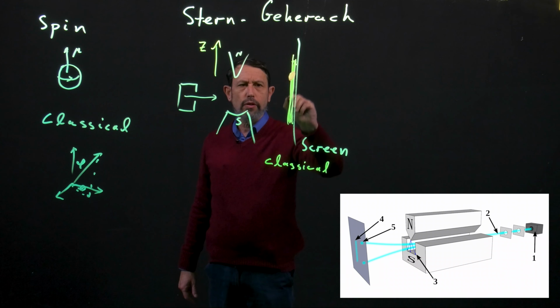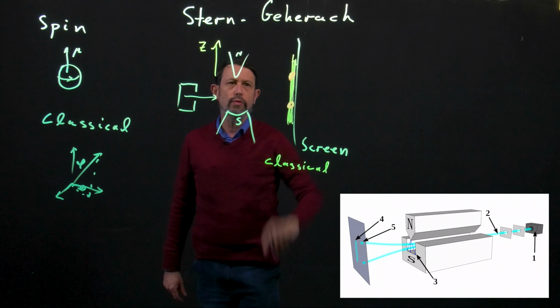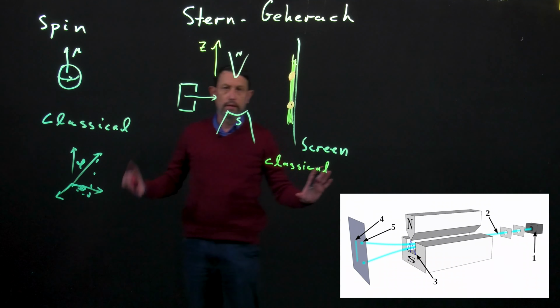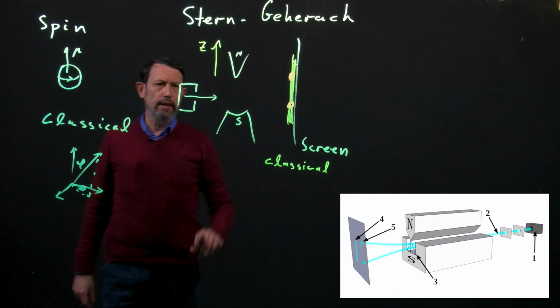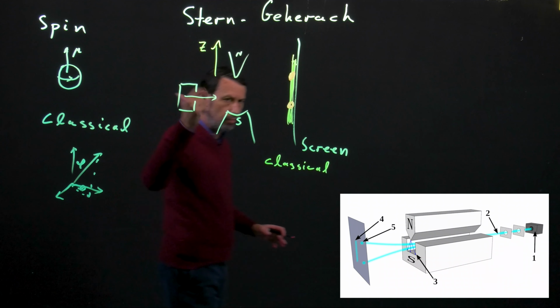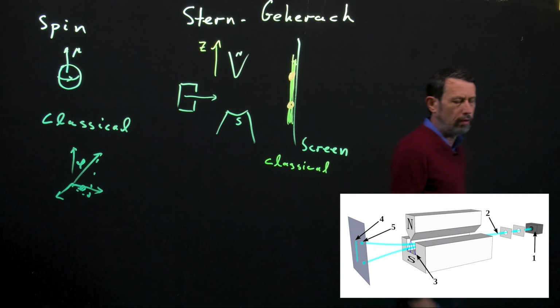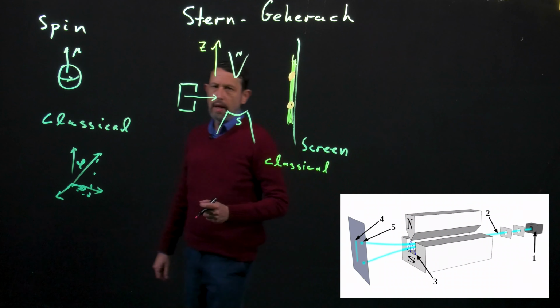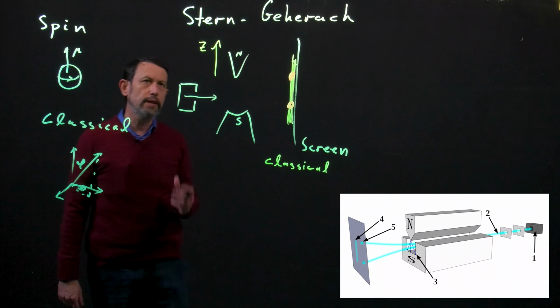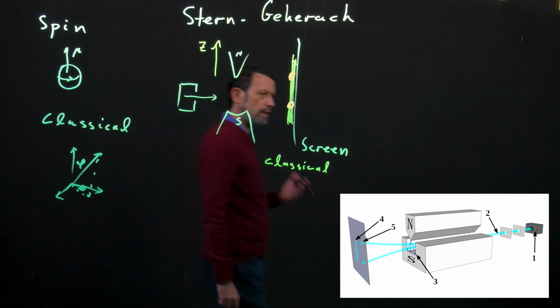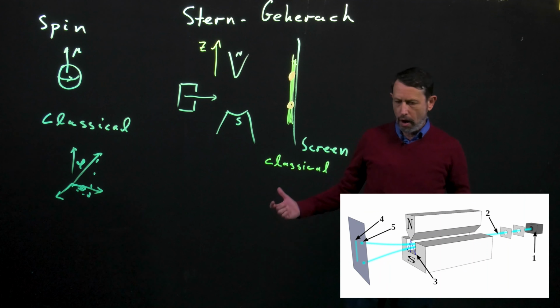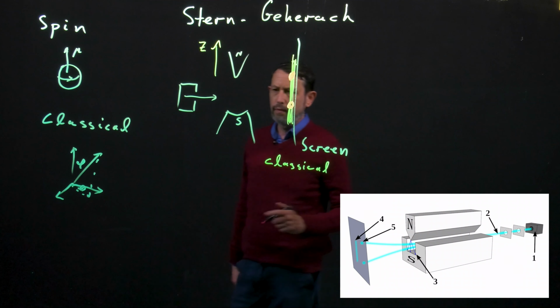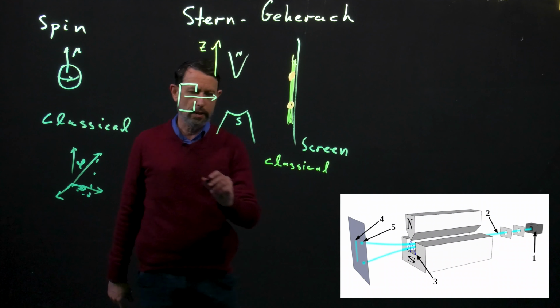They actually saw 2 points on the screen, and that's that. Meaning that every atom coming out of this box had either a magnetic moment in the direction of z or in the direction of minus z. Only 2 values are seen in the experiment.